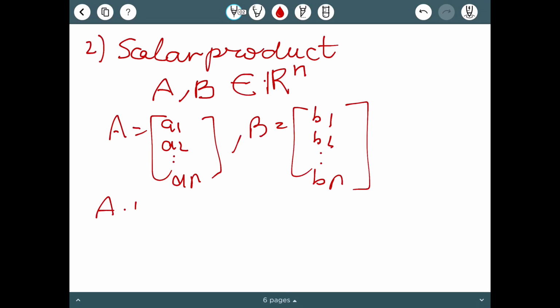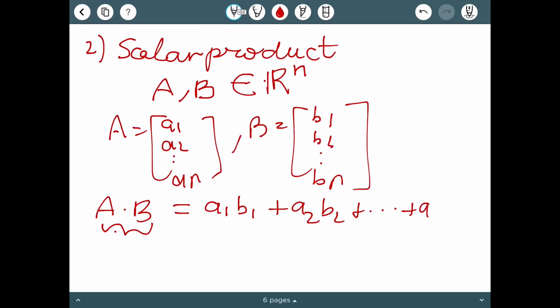So when I say A dot B, I mean the scalar product of A and B. So the scalar product of A and B, or A dot B, is equal to, by definition, A1 B1 plus A2 B2 plus so on to An Bn.